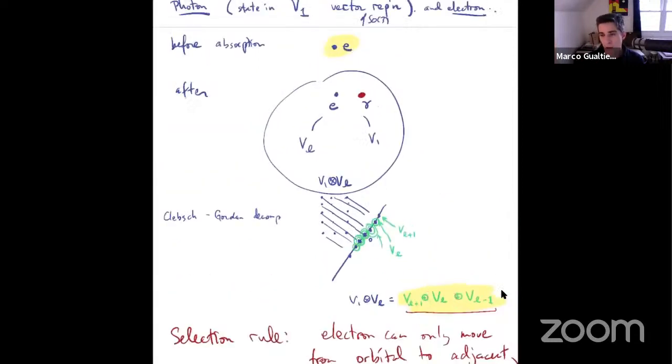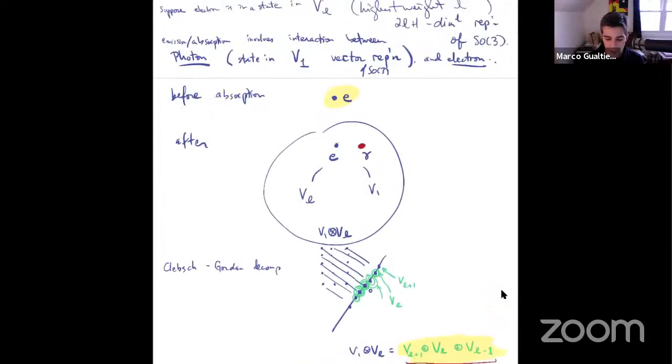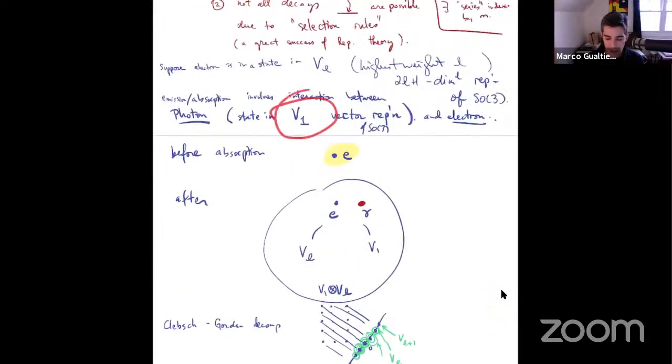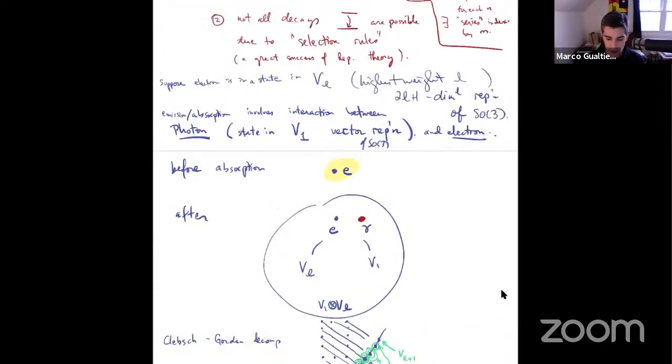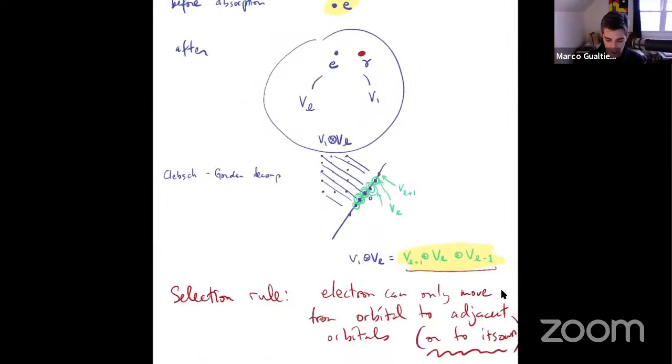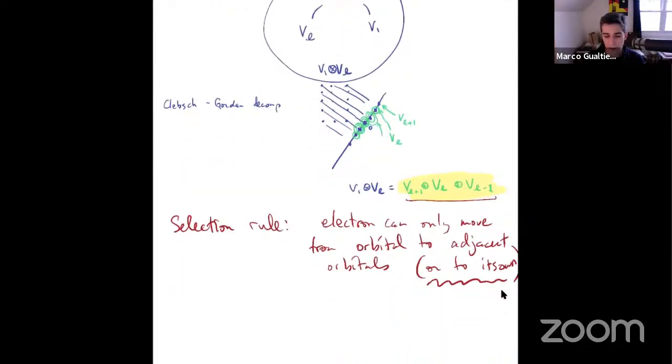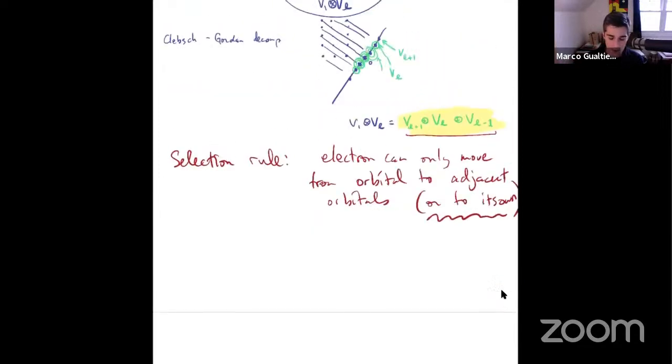The photon is massless, and so although it behaves like a vector, it cannot be at rest. So the angular momentum actually has to be either this or this. It cannot be the one in the middle. That's the essential reason.